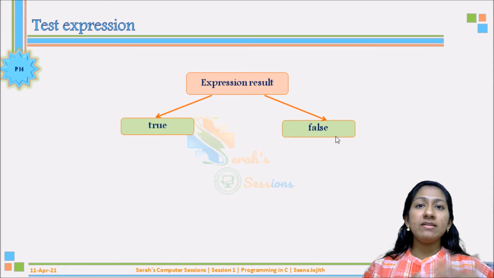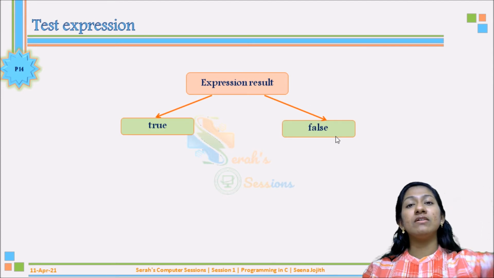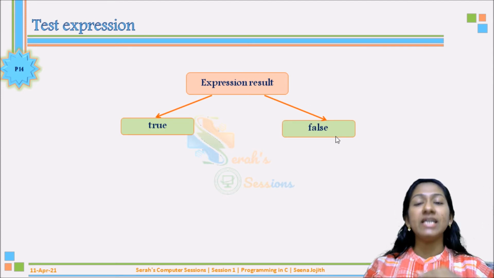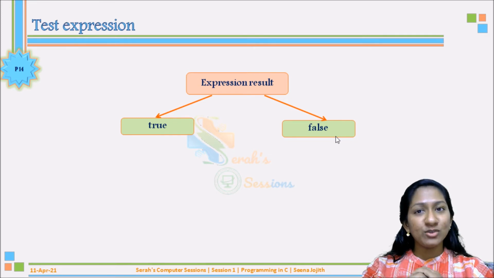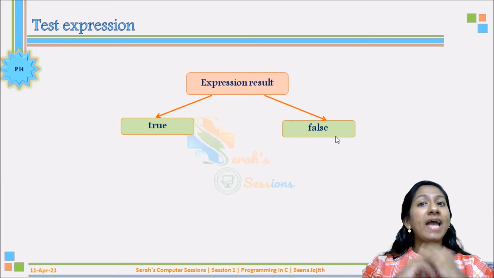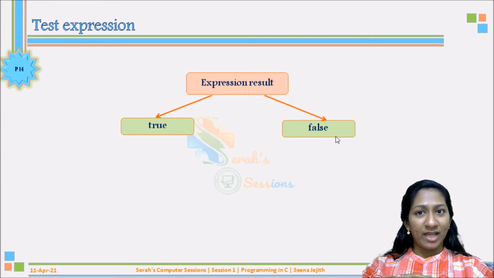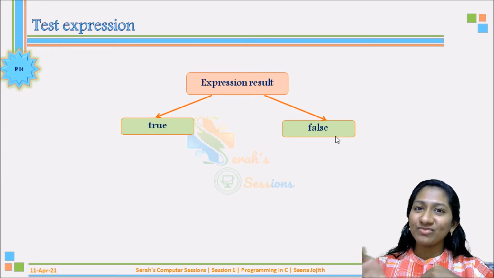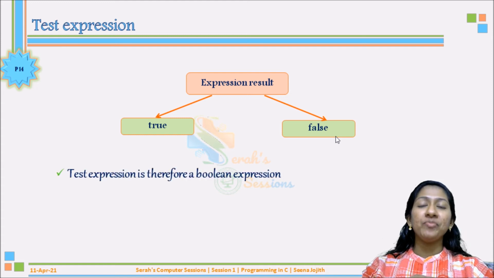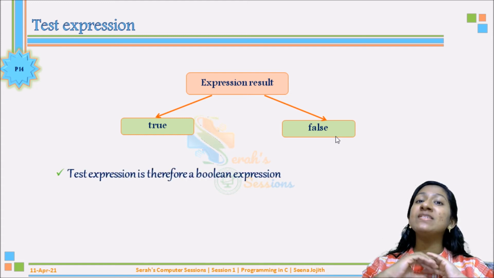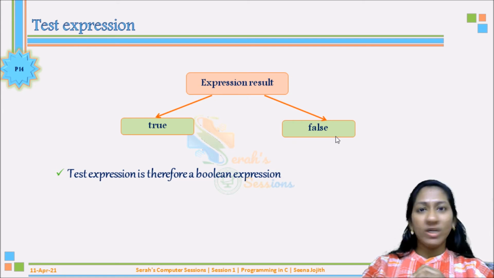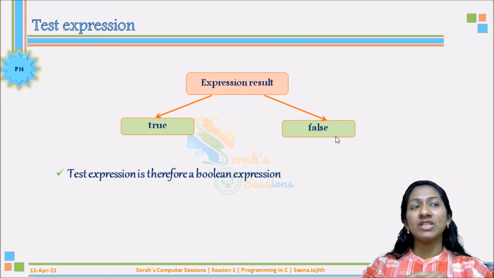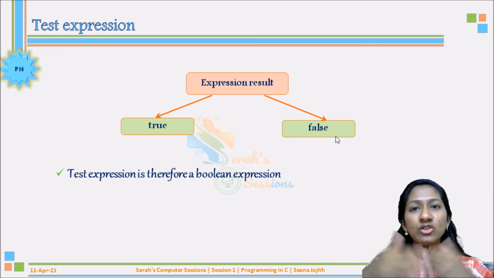The expression results, or more specifically the test expressions that we use along with the control statements, can result in any of two values, either a true or a false. Therefore, the test expression that comes along with the control statements can be called a Boolean expression, because in a Boolean expression we have only two states, right?